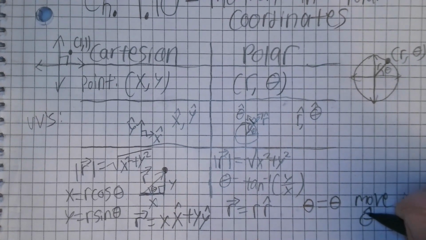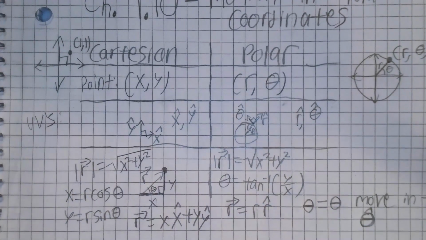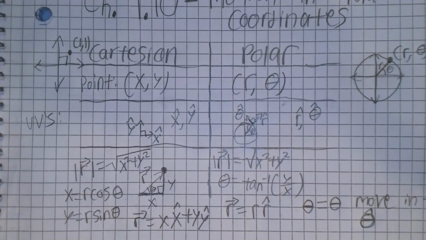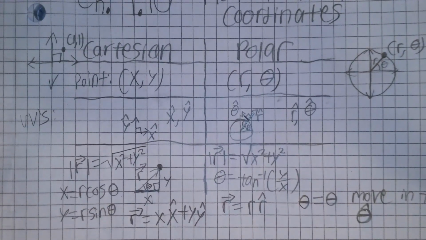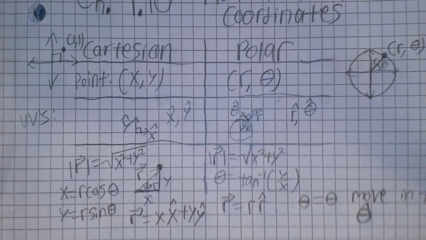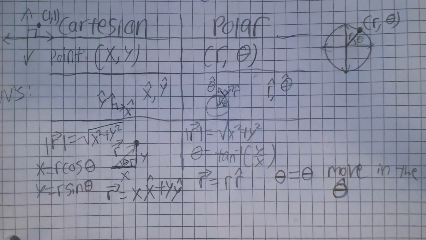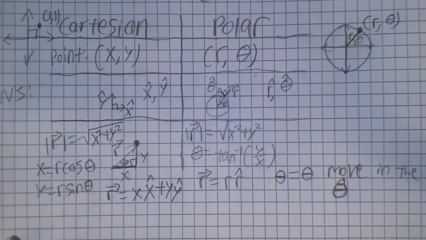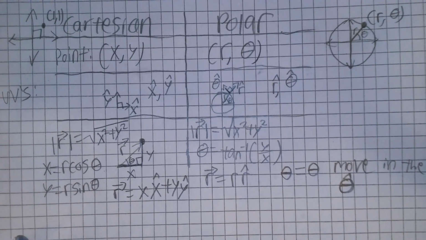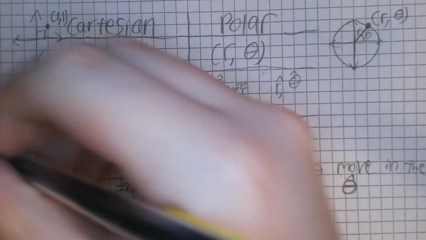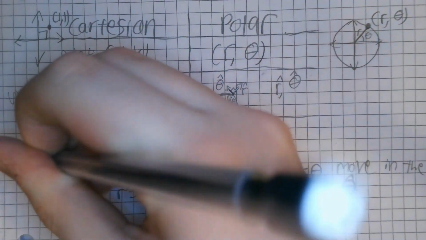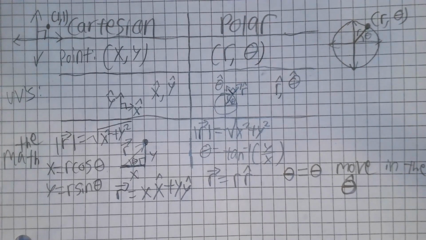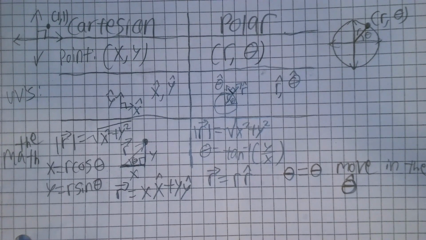I guess you could say it's really more like theta hat decides where theta is going to move. Oh, whoops, I didn't even realize you can't see part of that. Move in the theta hat direction. Okay, so I guess I will label this section the math.